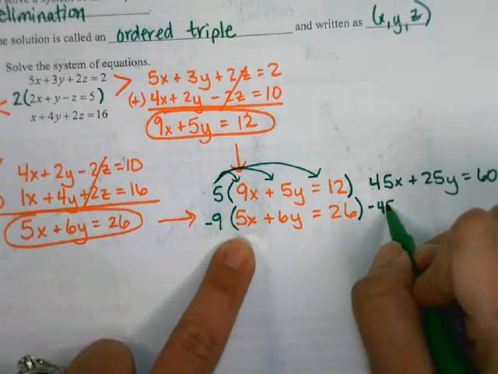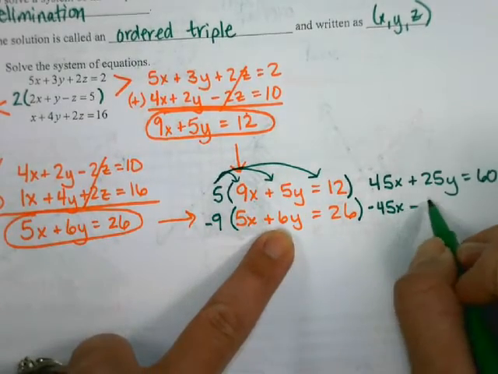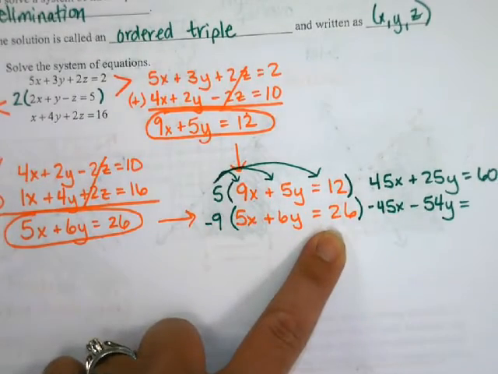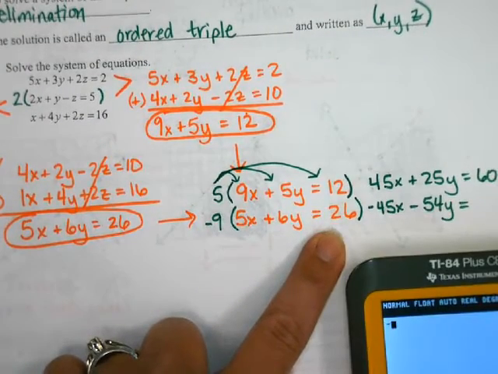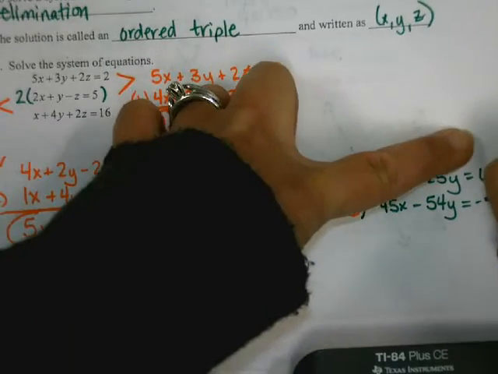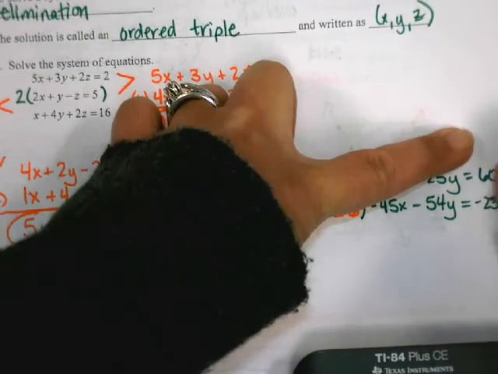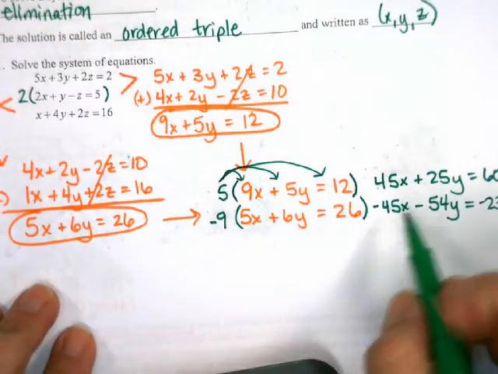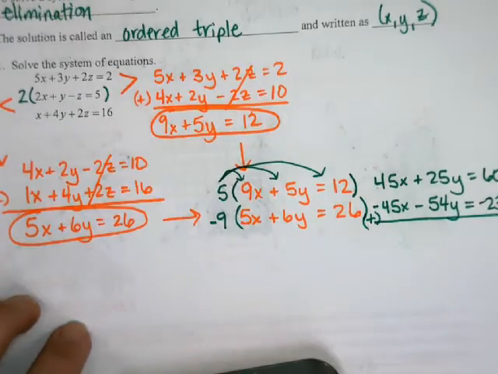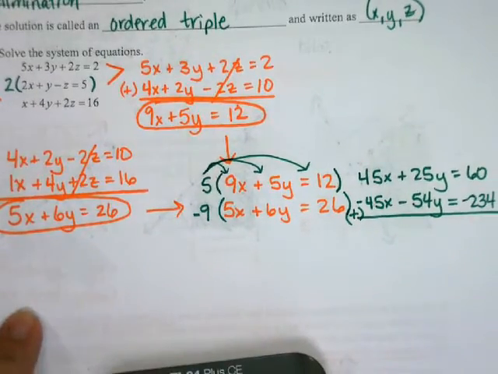Negative 45x minus 54y is equal to... Awesome, thank you. Negative 234. Oy, I gotta zoom out. Sorry, guys.